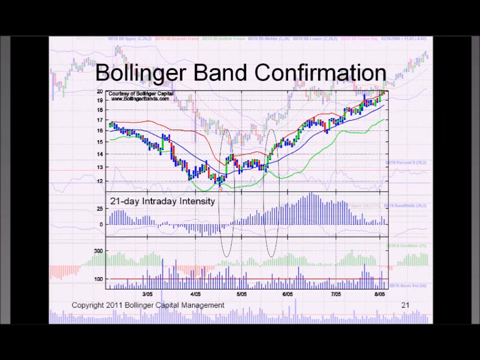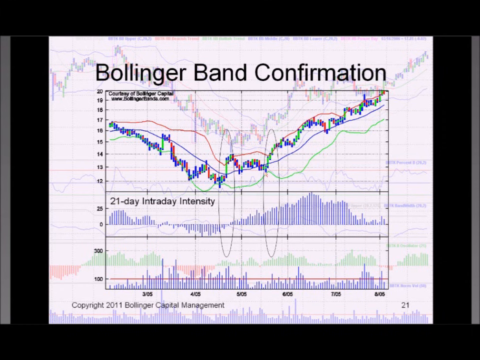So this bar right here is a tag of the lower band, and you can see the indicator is strongly negative. So this is a confirmed negative tag of the band. There's another one over here. So at this stage of the game, the trend is still downward. Here, we almost tagged the lower band, but the indicator is very strong. So this is a non-confirmed tag of the lower band.